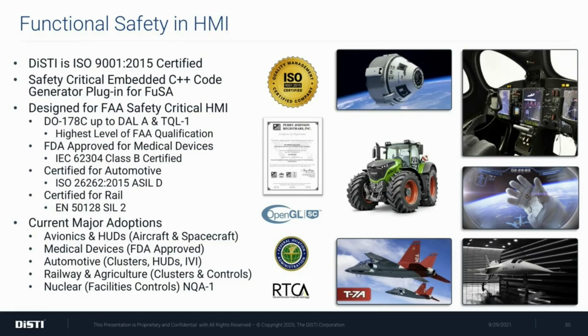That goes up to level A, which is their highest level, and then a DO-330 tool qualification for TQL1. So those are the highest levels of certification for functional safety in aerospace for avionics.